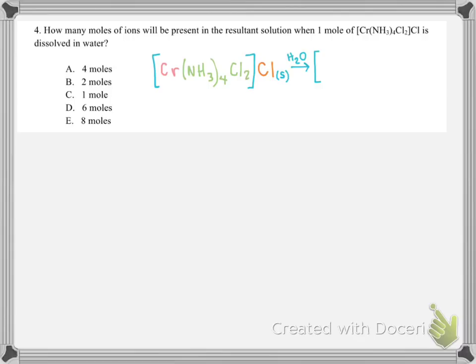It's going to stay the same. So we'll have the chromium, and then we'll have the ligands that are complexed to the chromium. So we have the ammonia, 4 of those, and 2 chlorines. So those are staying together.